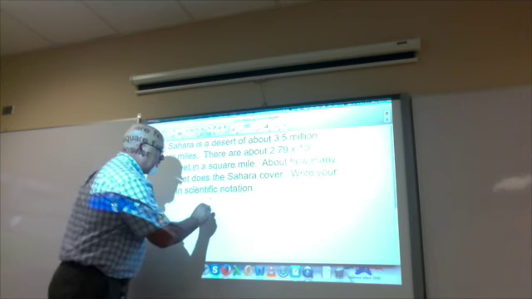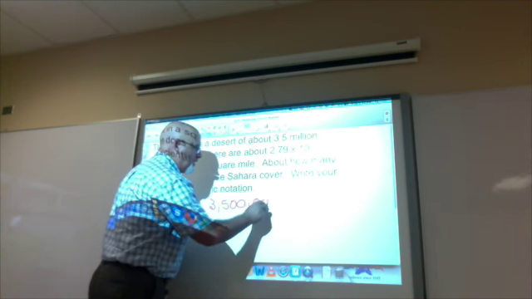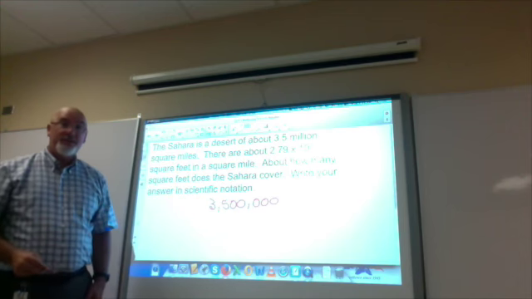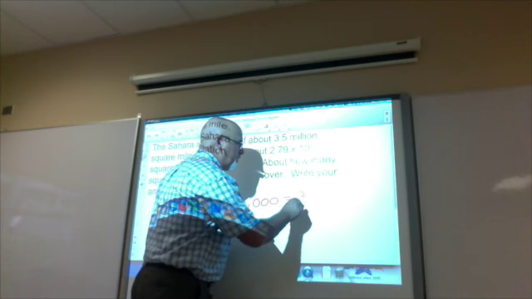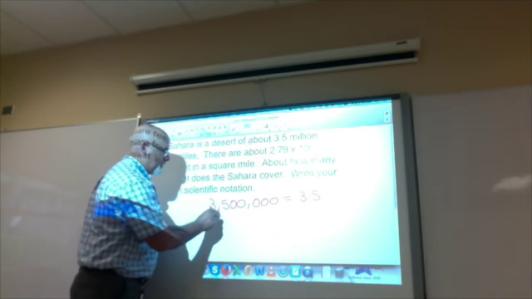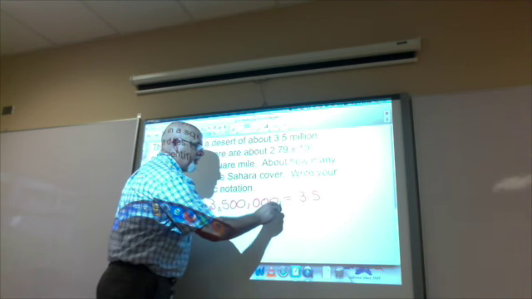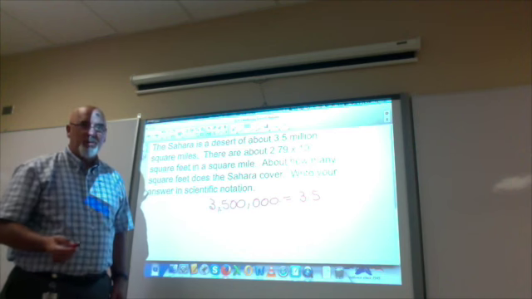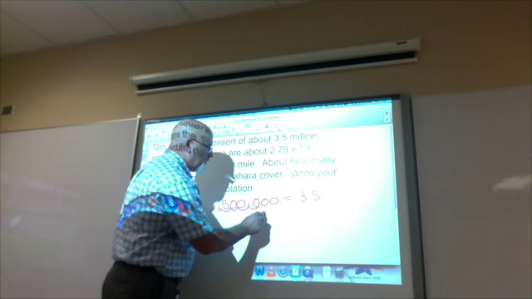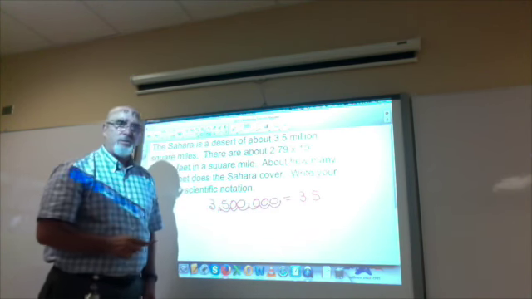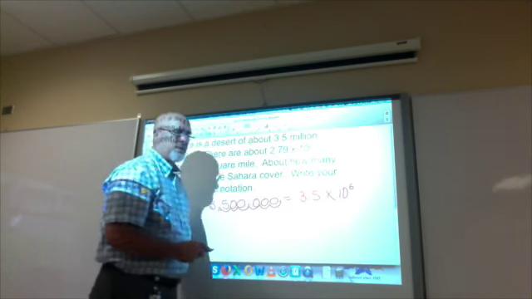But the first thing we need to do is take that 3.5 million and write it in scientific notation. So that will equal 3.5, because we'll put our decimal right here. It currently is here. So to determine what our exponent is going to be, we count 1, 2, 3, 4, 5, 6 places to the right. So that will be times 10 to the 6th.